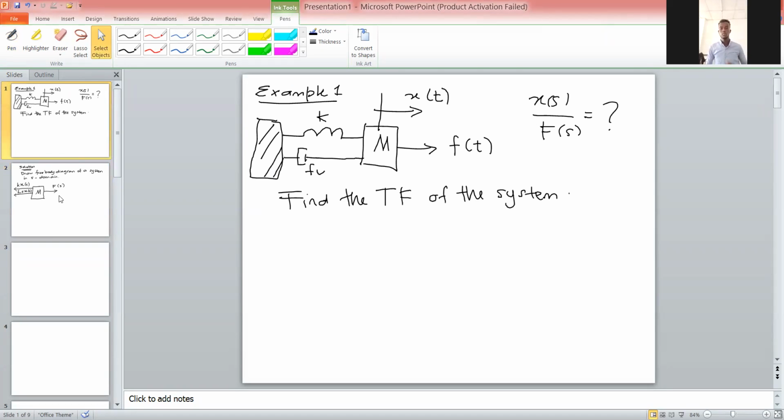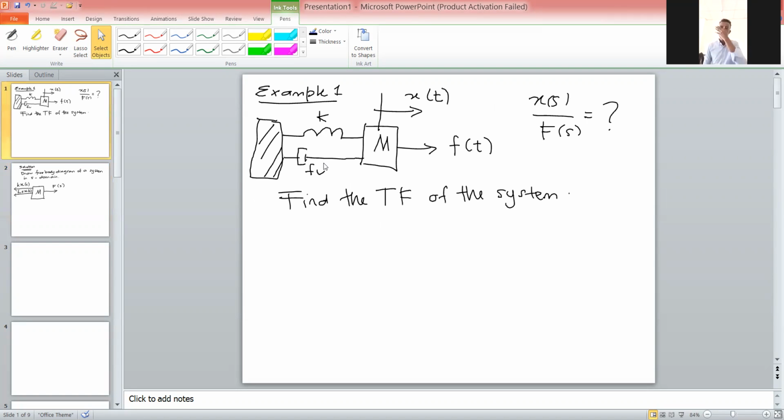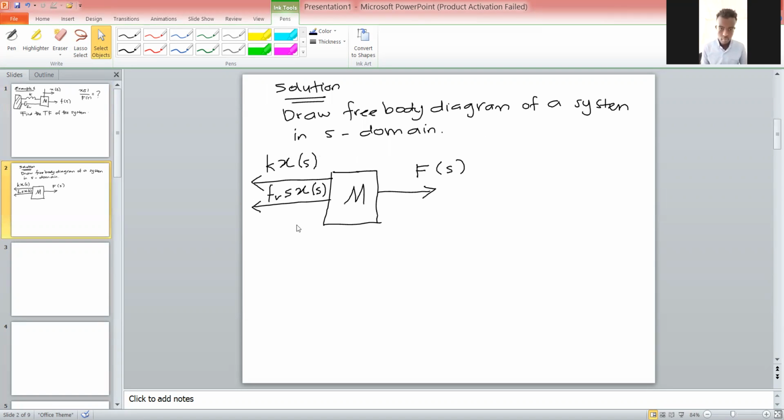FV we need to times with S times XS. Mass we need to times with S squared, so mass times S squared XS. All need to be multiplied with XS.